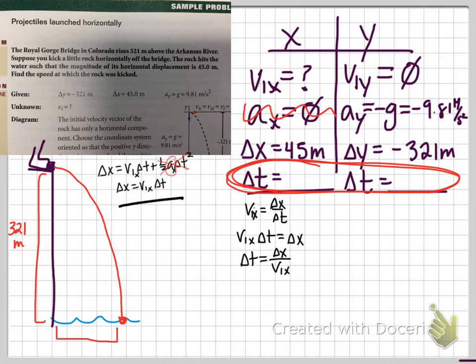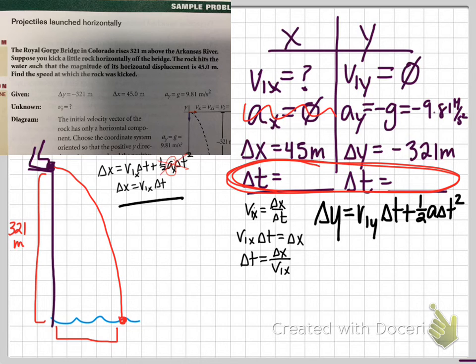What if I write an expression, so let's see, I've got viy, a sub y, delta y, and delta t. It looks like I could actually use my irrationally favored expression again on the other side. So what if I did delta y equals viy delta t plus 1/2 a delta t squared.